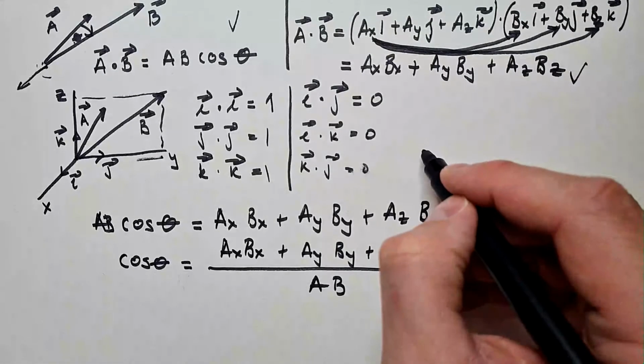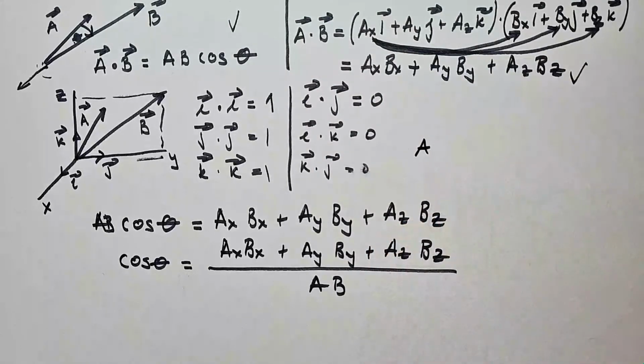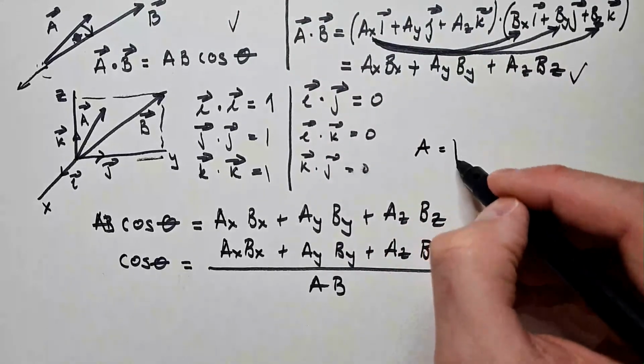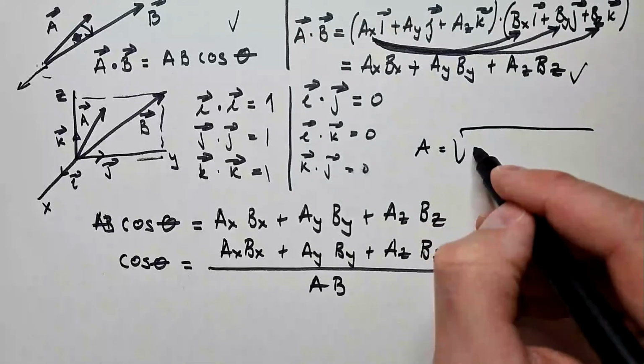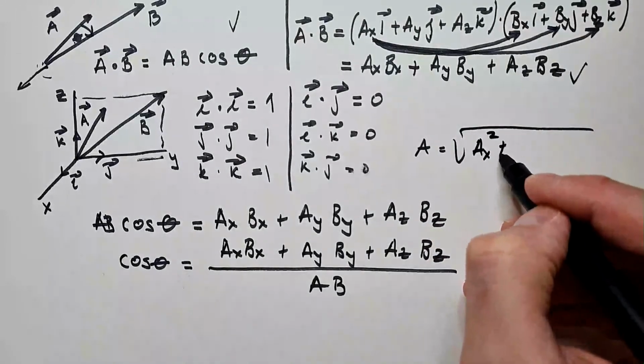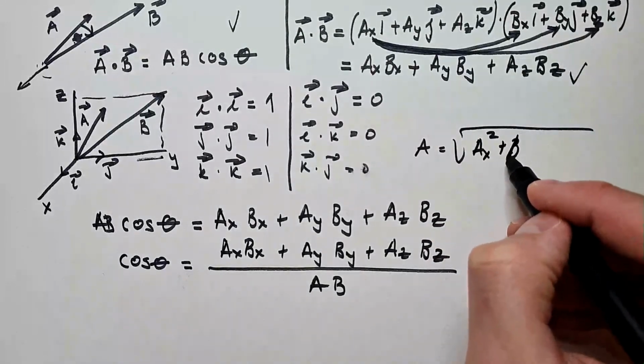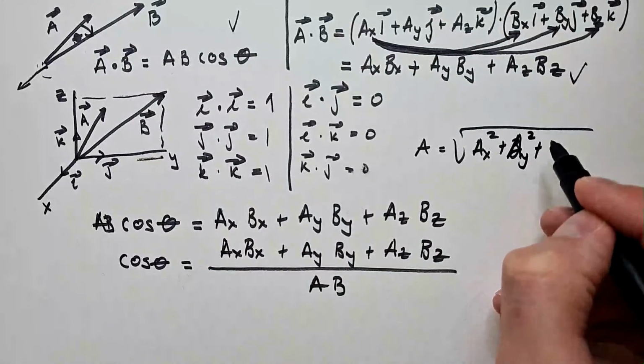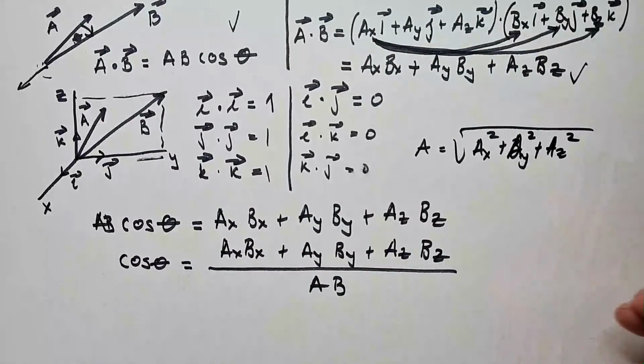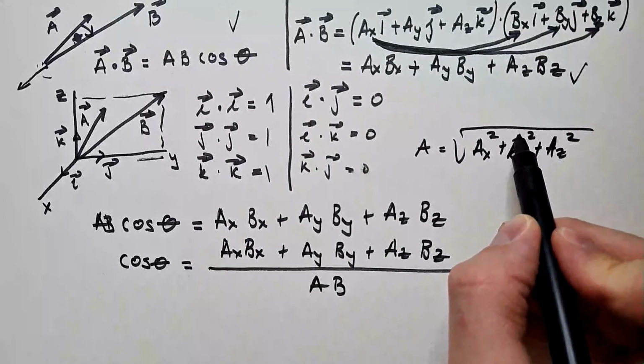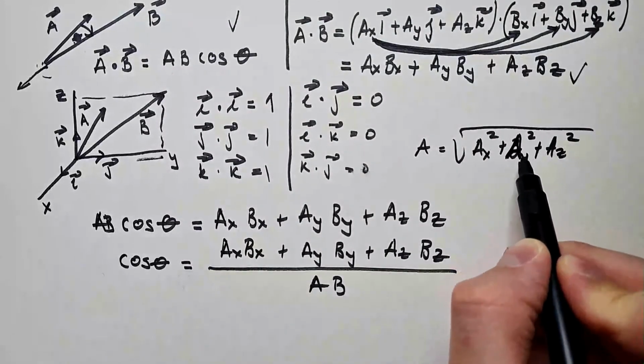Of course, we get them through Pythagoras theorem. For example, the intensity of A would be the square root of A_x squared plus A_y squared plus A_z squared. And this, sorry for my messy writing, this is A_y.